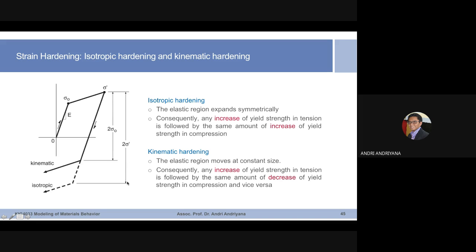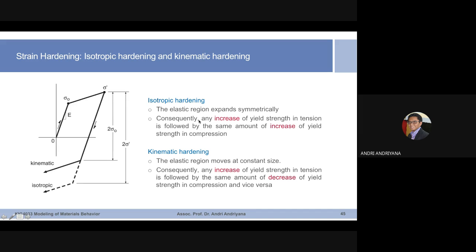While in kinematic hardening, you keep the same size, but it is moved up and down. If the yield strength in tensile increases by delta sigma, then the yield strength in compression is reduced by delta sigma. So the distance between the new yield strength in tensile and the new yield strength in compression remains the same as in the initial state.